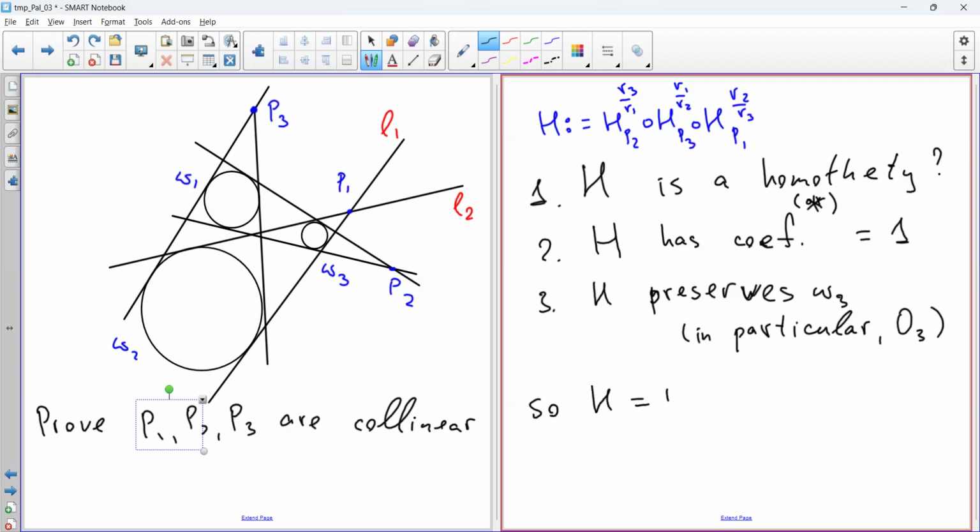So H equals the identical transformation, and that is what we need to show. So the statement would be that these three centers are collinear.